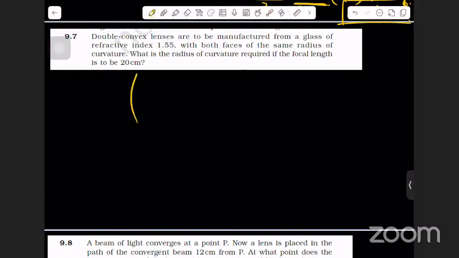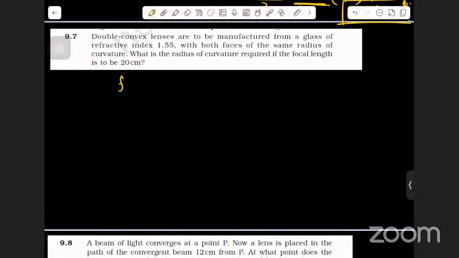That means we have a double convex lens to be manufactured. And this is suppose R1 and this is R2, the radii of curvature, and they both are same. Right? R1 and R2 are same. So what is the radius of curvature required if the focal length is to be 20 centimeters?